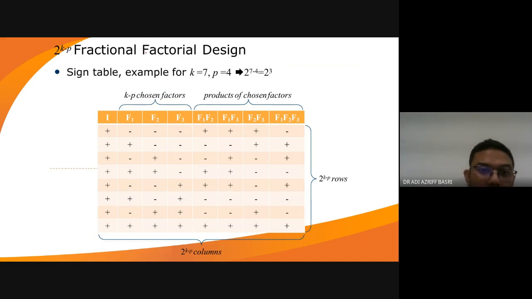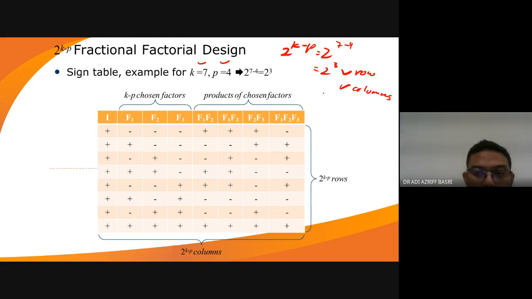For example, k equals 7 and p equals 4, so 2^(7-4) becomes 2 to the power of 3. So in terms of rows, you have 2 to the power of 3, and columns also.